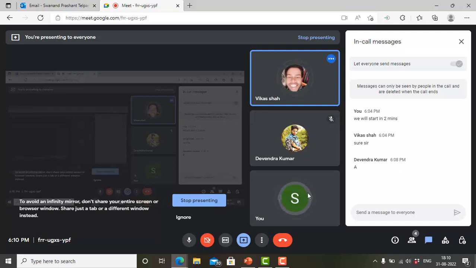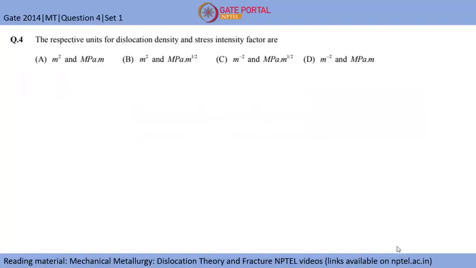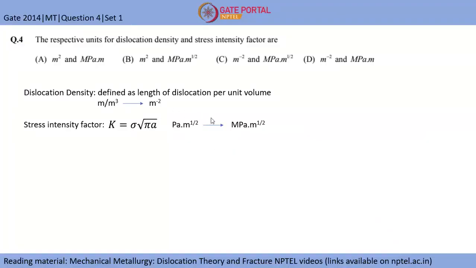Oh, okay. I will just brief you on what I explained. The dislocation density is defined as length of dislocation per unit volume. So the length is in meter and unit volume is meter cube. So meter by meter cube will be 1 by meter square, which you can write as meter raised to power minus 2.